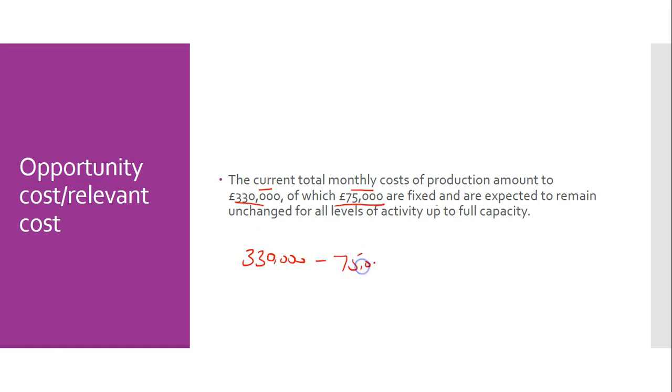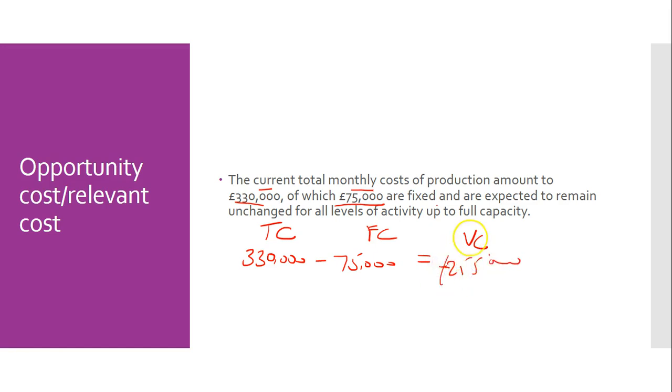You'll probably see this on a slide, but I'm usually too impatient to wait for the next slide. Just to give you the thinking: if that's the total cost and that's the fixed cost, the variable costs must be 330 minus 75, which is 255,000.